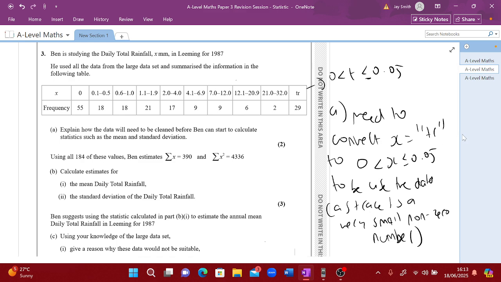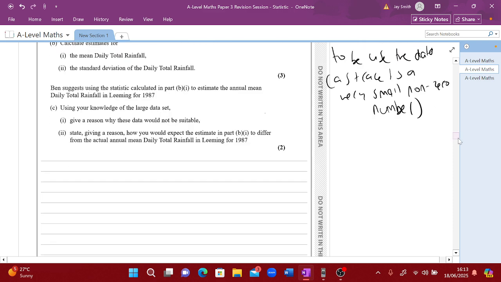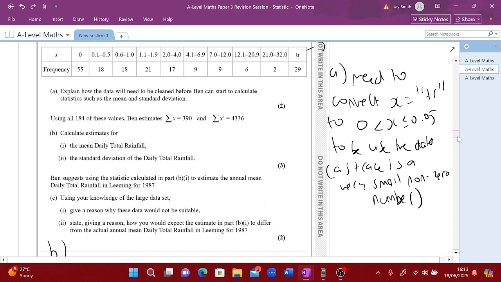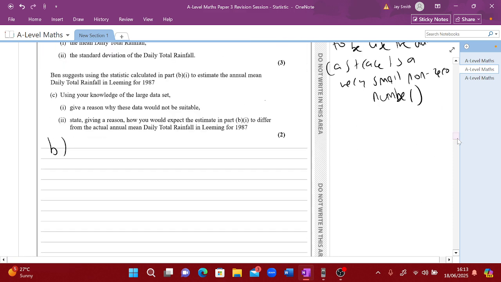Okay, then it says using all 184 of these values, Ben estimates sum of x squared. And we've got those values. Then we need to work out the mean and the standard deviation. Again, very typical question. So the mean, which is x bar, is going to be the sum of the values x over how many there are. That's kind of like the frequency method, dividing by the size of the sample.